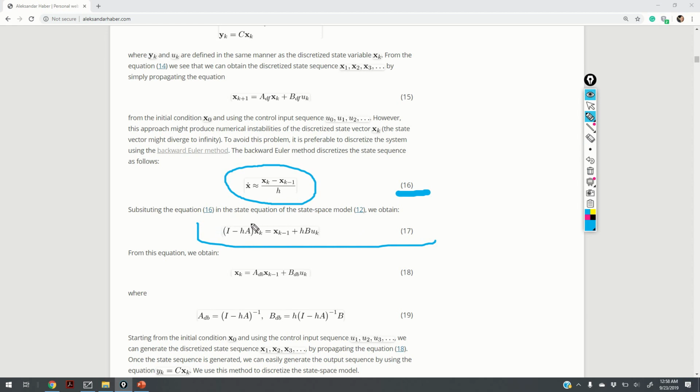And from equation 17, by inverting the matrix I minus h times A, we can obtain equation 18. Equation 18 is the discretized backward Euler state space model. This model is known to be much more numerically robust than the forward Euler method, and we will use this method in our simulations.